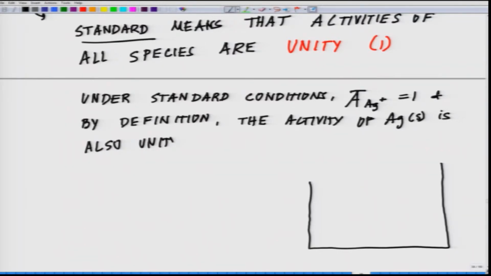We will come later into that. What does that mean? Solid is also considered as unity.